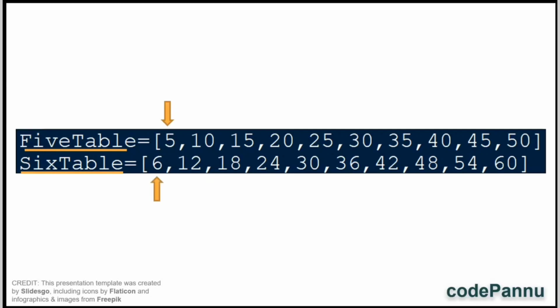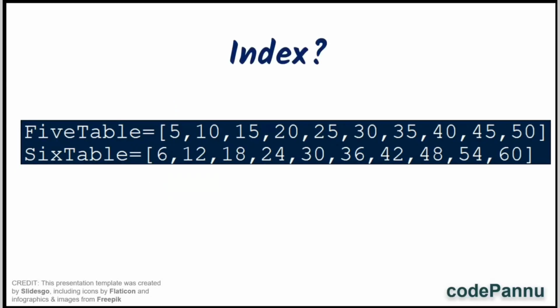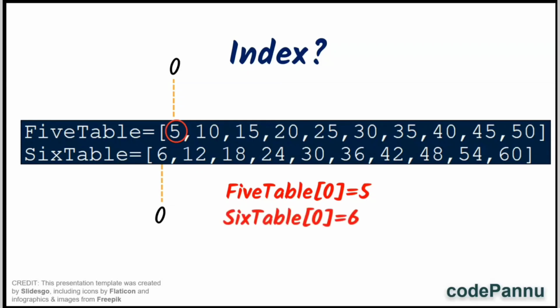What is the index number for the first item? Because the index number starts with 0, the index number for the first item is 0. So, 5 table of index number 0 gets us the first item 5 from the list named 5 table. In the same way, 6 table of index number 0 gets us the first item 6 from the list named 6 table.